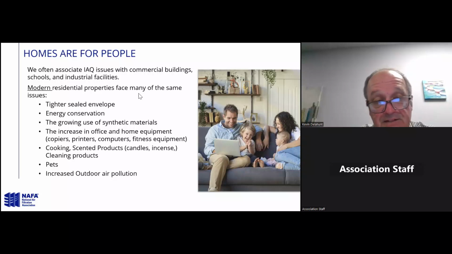Cooking, scented products, cleaning products, pets, increased odor, outdoor air pollution. In Western Canada, I don't know how many days we've had with smoke issues, but it's probably been 30 to 40 days where you could barely go outdoors without a mask on. So that is the air that we're bringing in to ventilate not only commercial spaces, but residential spaces as well.